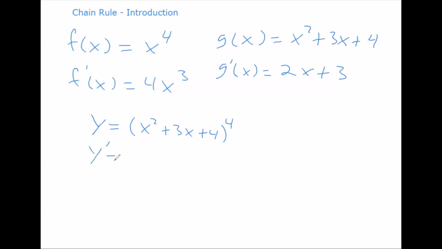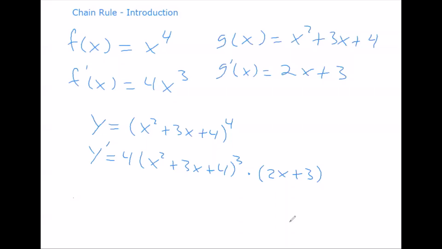So using chain rule, we would do 4 times the inside function being raised to the third power, so it's like x to the fourth, and then times the derivative of the inside, which is the x squared plus 3x plus 4. So that derivative would be 2x plus 3. And so that's how we would use the chain rule to take the derivative of the composite function.